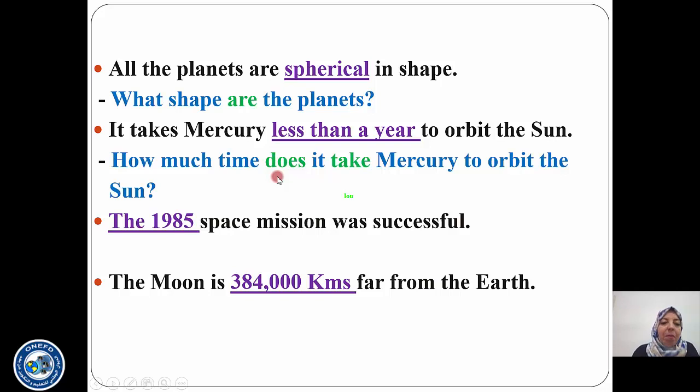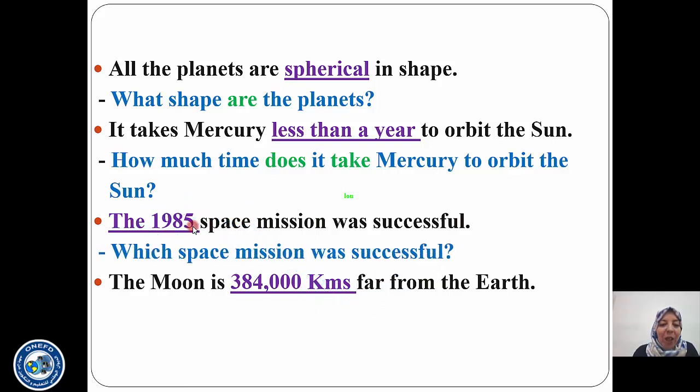Okay. The 1985 space mission was successful. So the underlined word here is the 1985. All right? So the question is: which space mission was successful? So we know it is a space mission, but we don't know which one.